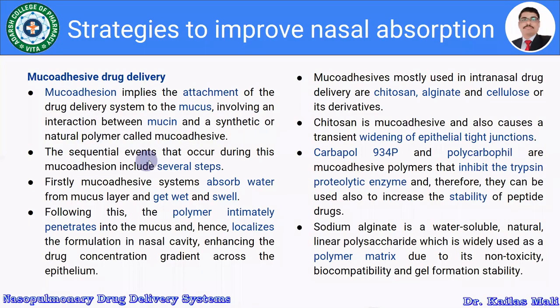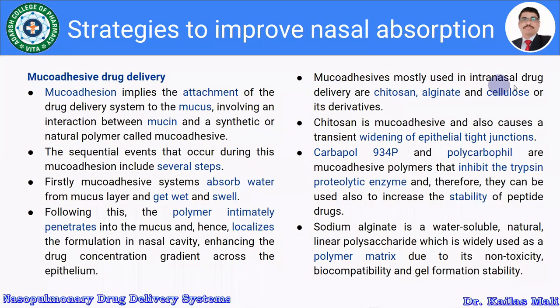The sequential events that occur during mucoadhesion include several steps. Very first, the mucoadhesive system absorbs water from the mucus layer and gets wet and swells. Following this, the polymer intimately penetrates into the mucus and hence localizes the formulation in the nasal cavity, enhancing the drug concentration gradient across the epithelium.